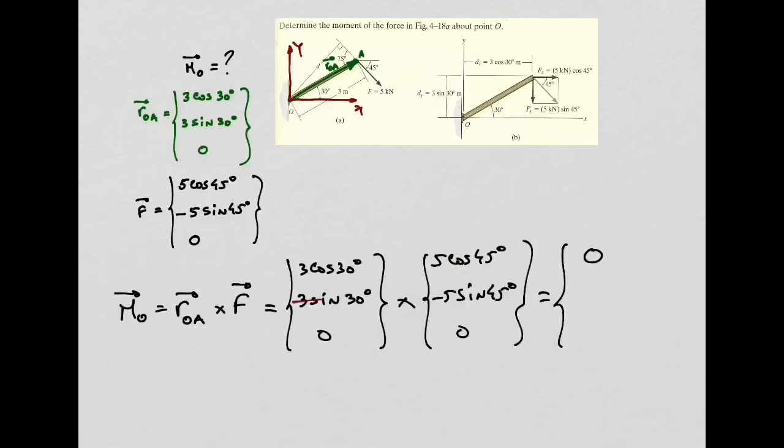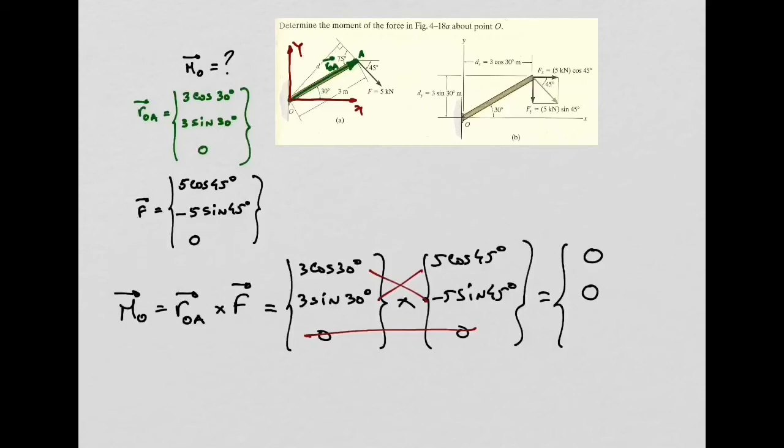For the y component, I will ignore the y components there, and I do this cross product. It's going to be again 0. Agree? For the z component, I need to do this cross product.